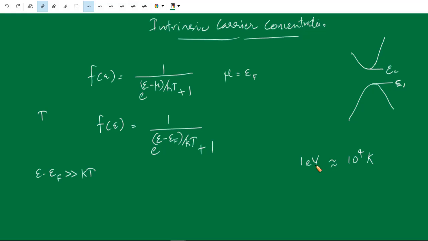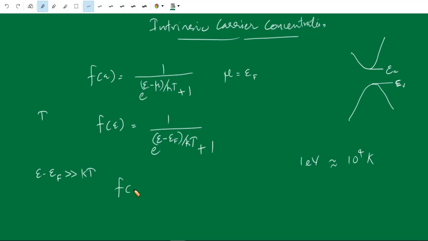So at a normal temperature, around 300 Kelvin, 400 Kelvin, at the temperature of interest, this becomes a very large quantity compared to kT. So we can neglect this 1 here.